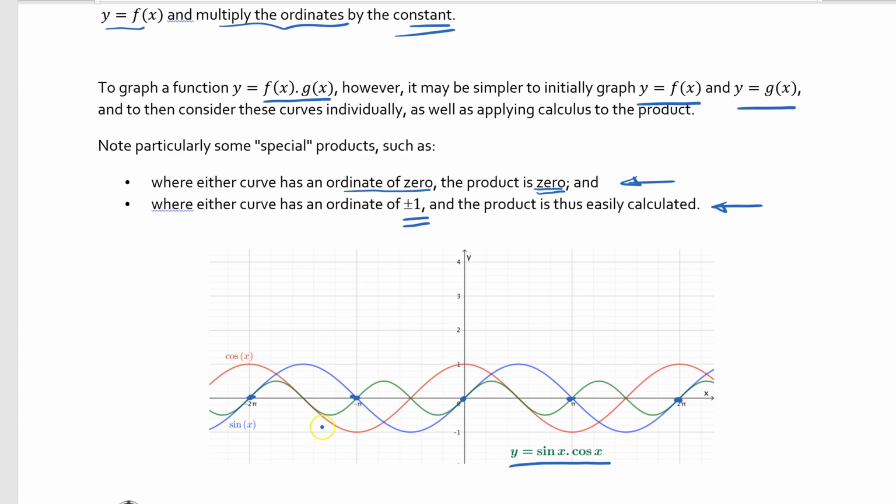Likewise for the cos curve, we've got an ordinate of 0 there, and there, and there, and there. So again, at any of those points, the product of the ordinates must be 0. Now if we look at when either curve has a plus or minus 1, for the sine curve, we've got a plus 1 there, which just happens to correspond to the 0.